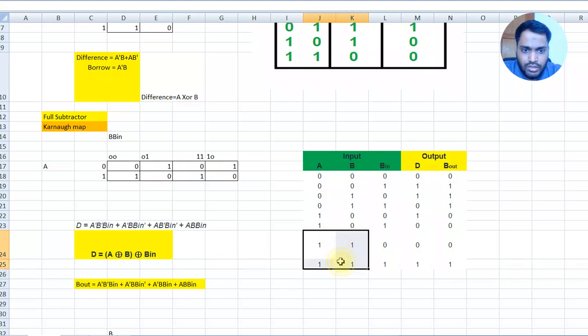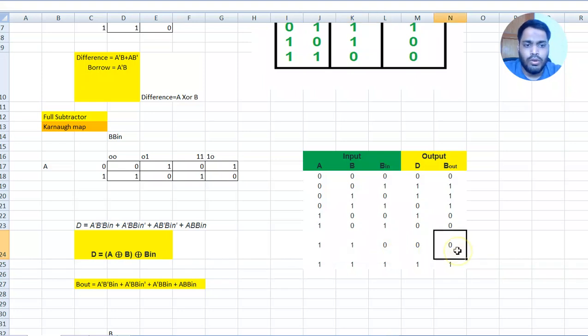In these two cases, in the first case, a is equal to b, so whenever there is equality in ones, we have to check the borrow in. Borrow in is 0, so it doesn't matter, so borrow out will be 0 because it is equal. If here a was 0, then we could write b out as 1.